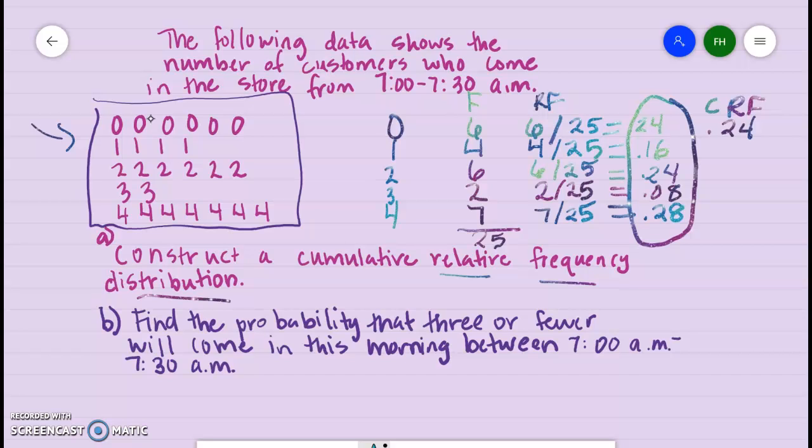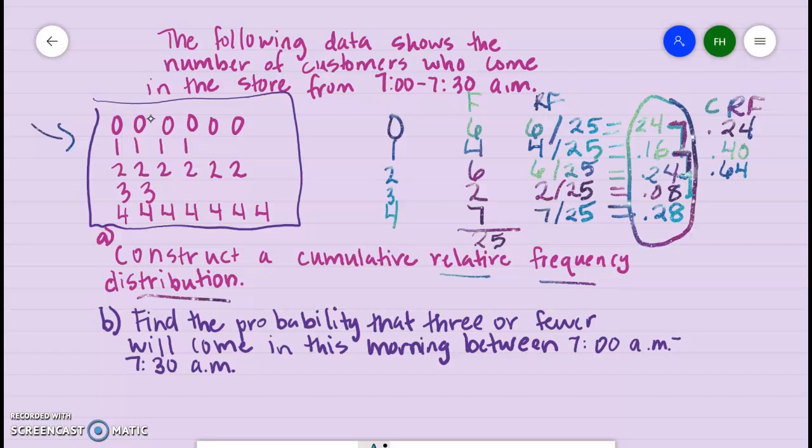So to get your cumulative relative frequency of your second row, you're going to add the first 2 rows up. So that would be 0.40. To get your third row, you're going to add your first 3 rows up, which we kind of already added the first 2. So add these 3 together and you would get 0.64.